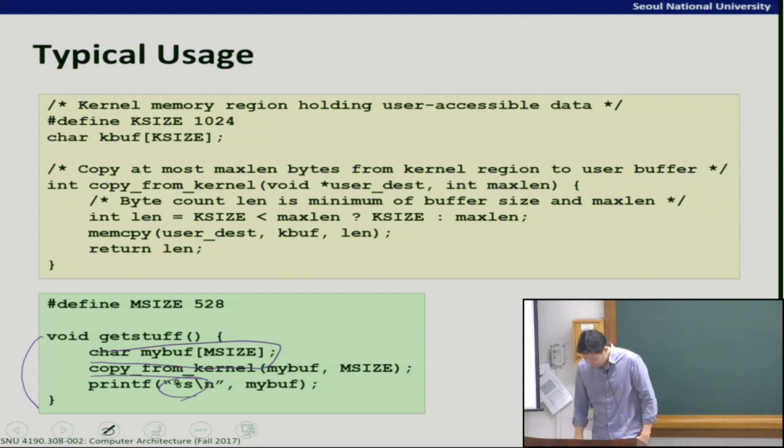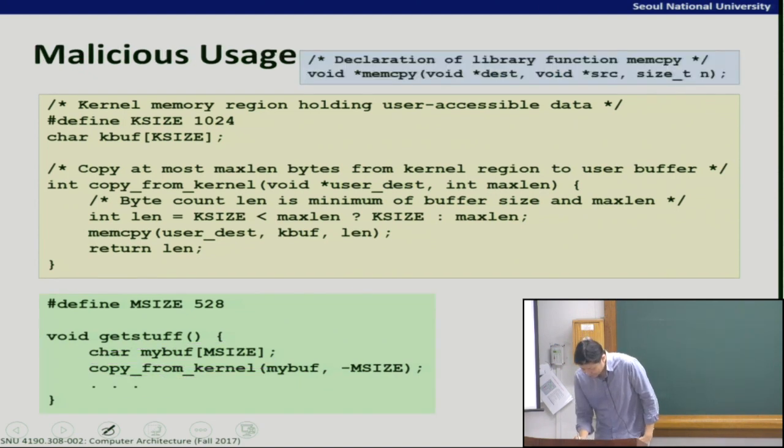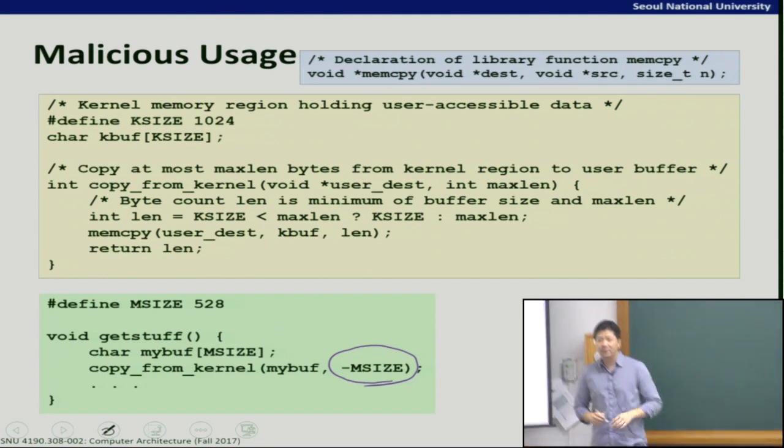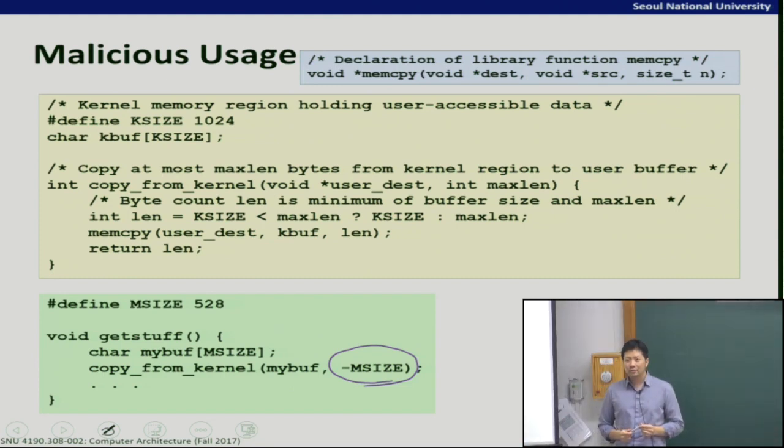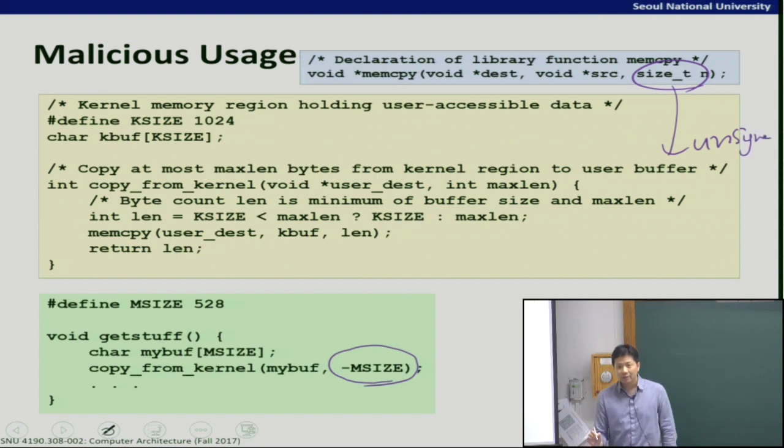Okay, but if you want to exploit this maliciously, then you can pass a negative value. So what's going to happen then? This negative size is really a big positive number because, as you know, if you see the function signature, this is an unsigned number. But let's say you provide a negative number, then this number becomes a huge positive number, right?